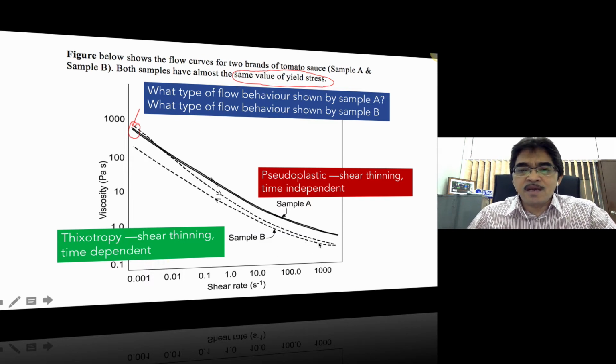It means that the recovery of the viscosity to the original viscosity will take time. The reason for the difference I will explain to you later, but this clearly shows the difference between the pseudoplastic and the thixotropy behavior.